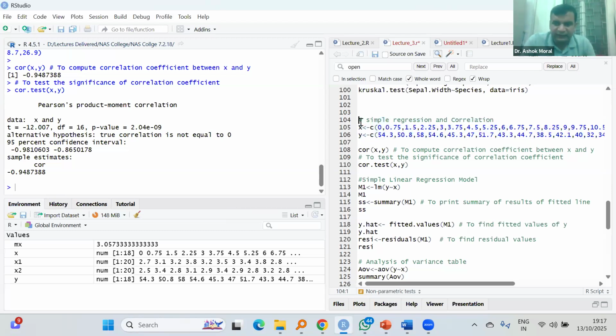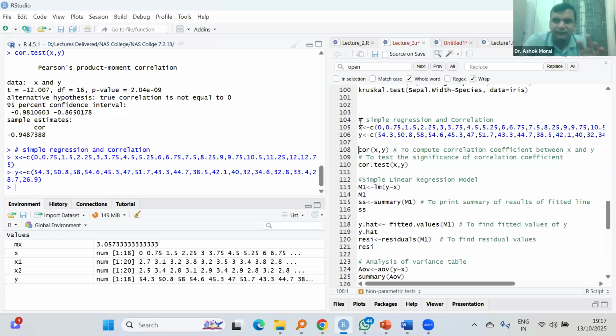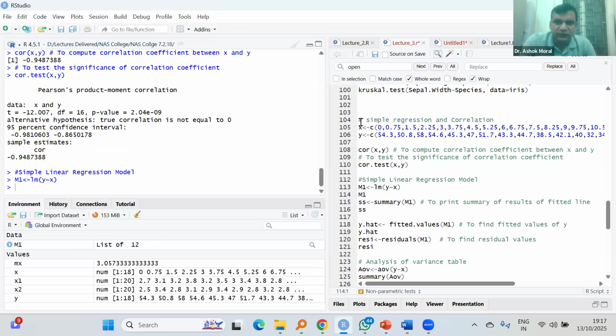So we have assumed that for this data set, there are a number of data sets that you can easily select and perform the regression, but for simplicity I have considered these two data sets x and y, these are simple numbers, and then we have also tested the correlation and the way to perform the simple linear regression model, that is lm, linear model.